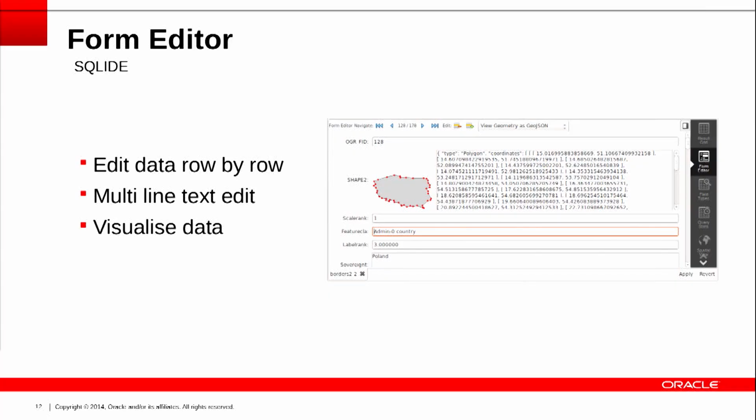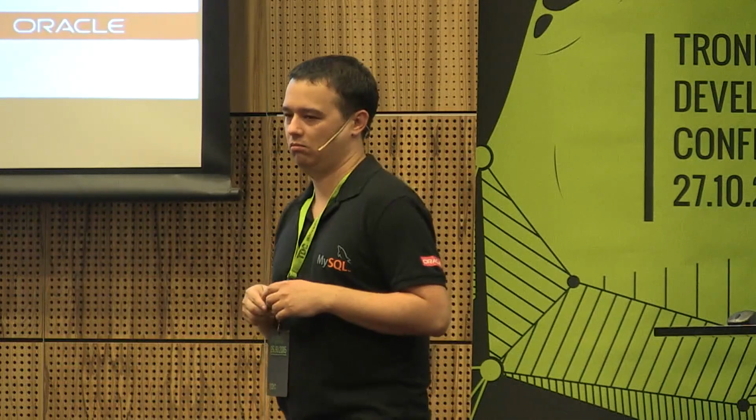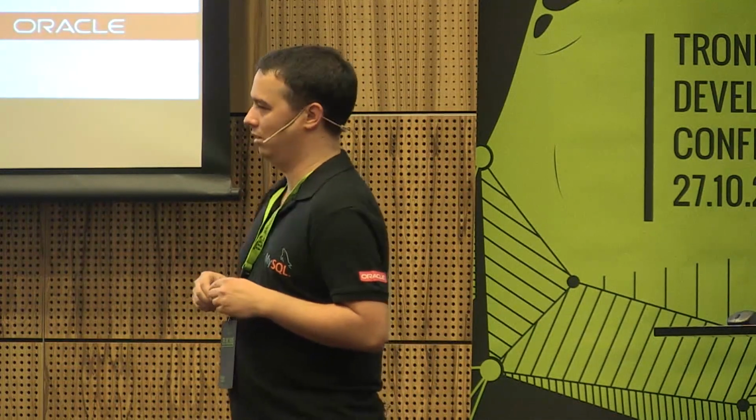Okay, form editor. Form editor is something that allows you to first edit data row by row. Why was it added? Mainly because of this multi-line text edit. People wanted something to edit huge text, and we decided to make this because it's handier than what's done in, for example, Excel.